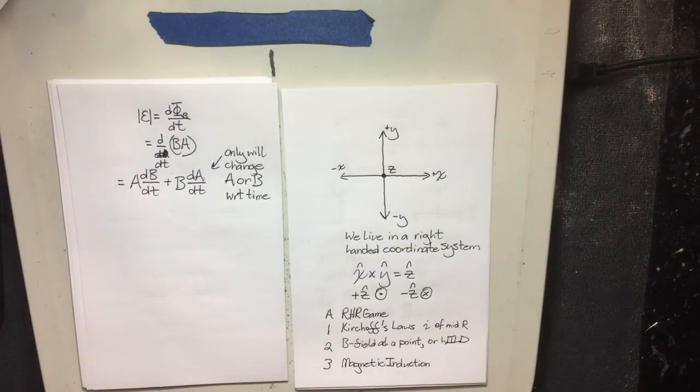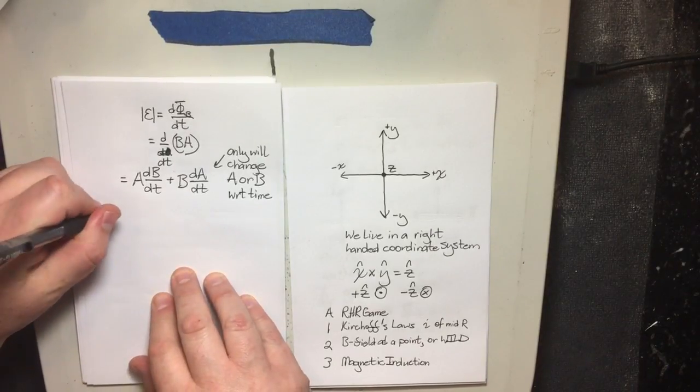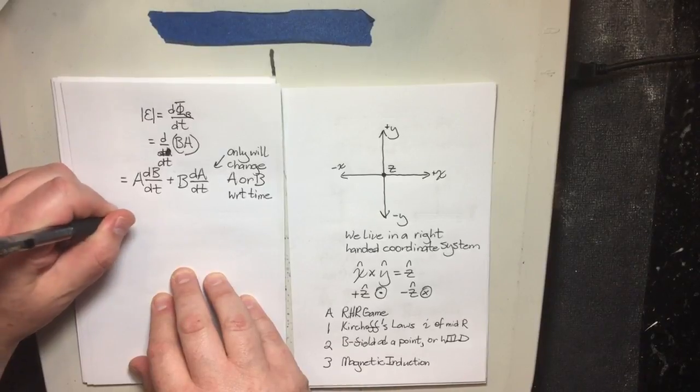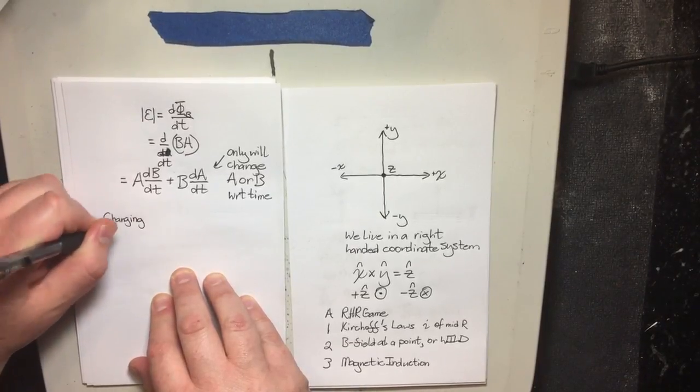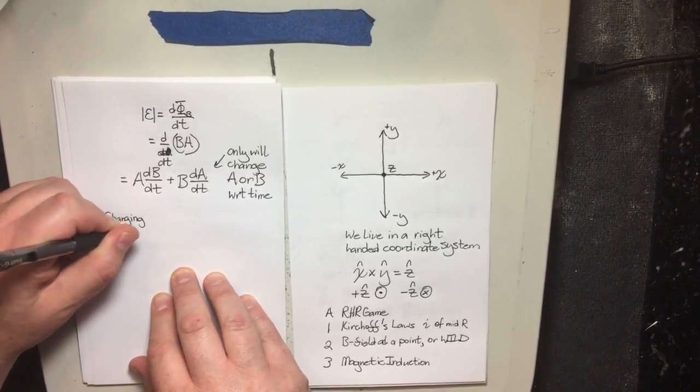In the problem that shows up on the test, the B field's going to change or the area is going to change. So if the B field changes and the area doesn't, what is dA dt? It's 0.